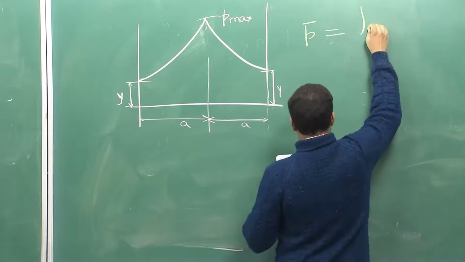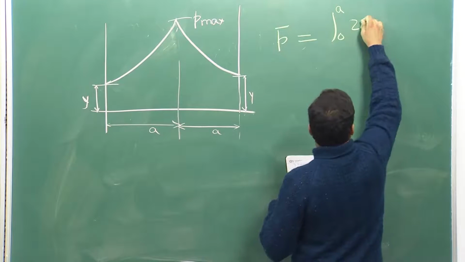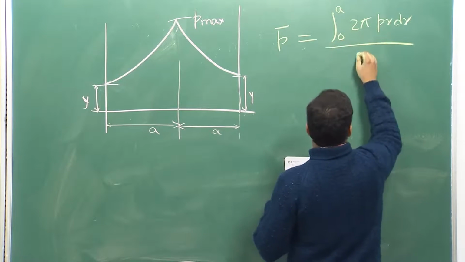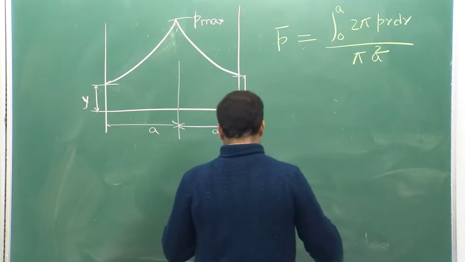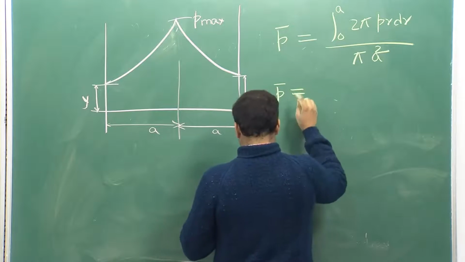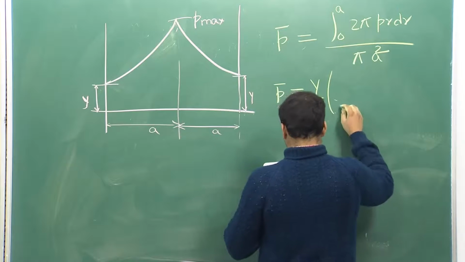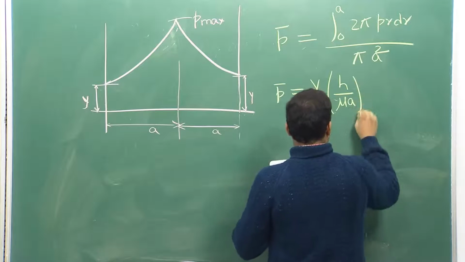So, how do you calculate the average pressure? Simple, just integrate it from 0 to A, divided by pi A square, and you can show that average pressure is equal to y by 2 again.